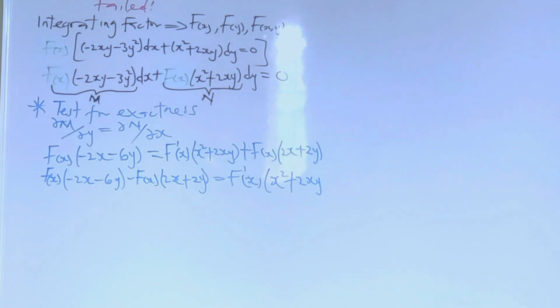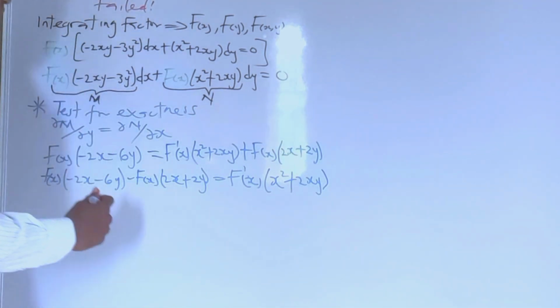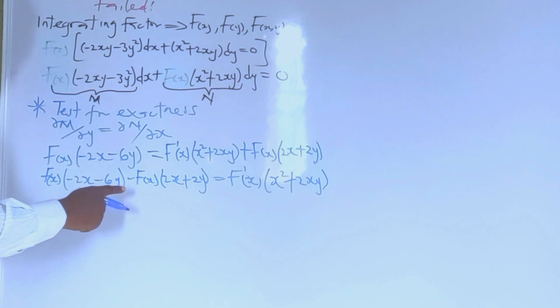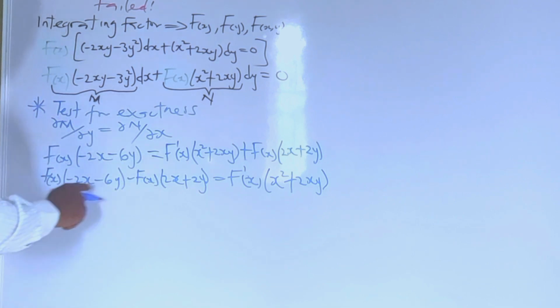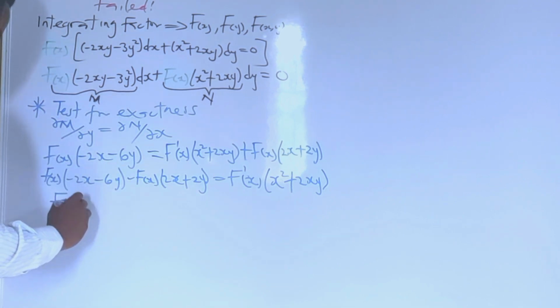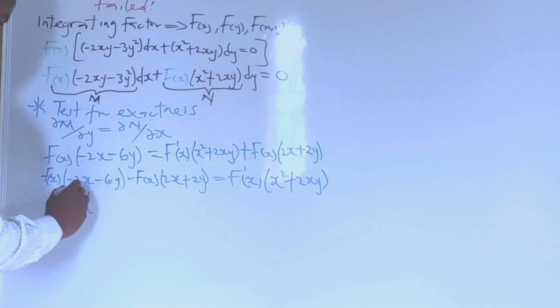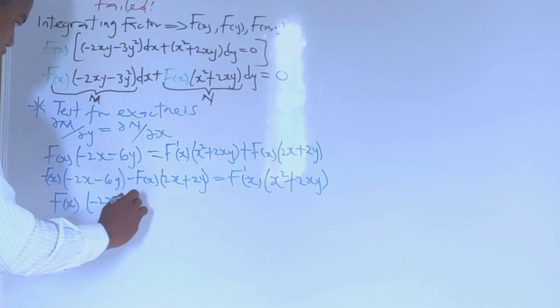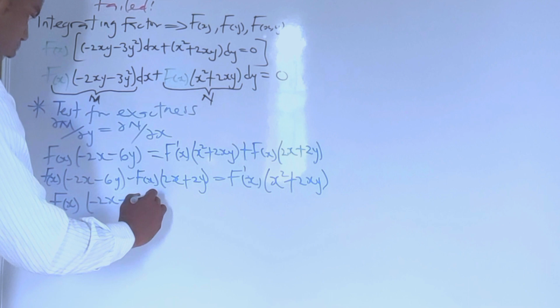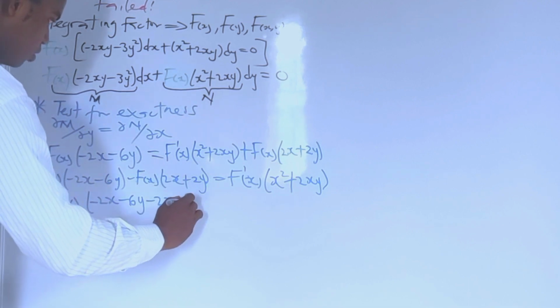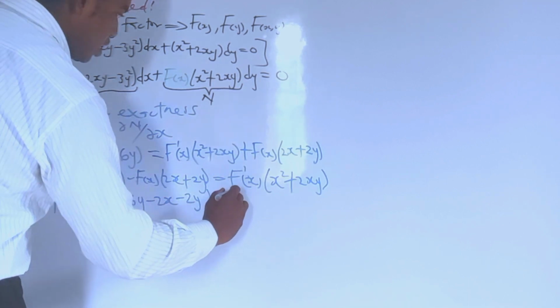Okay, so at this point, what would you do? The next thing to do now is to factor f of x out here. But do not forget that negative in between there, right? So we'll have f of x times negative 2x and minus 6y and minus 2x, and minus 2y.